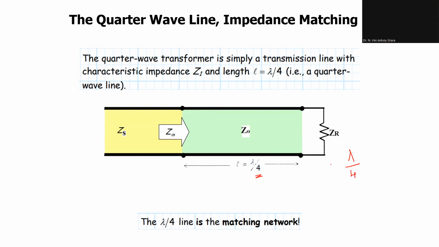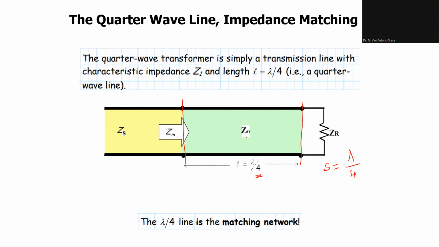Now this short piece of transmission line is going to act as a matching network. We have connected a short piece of a transmission line between the existing transmission line and the load. The purpose of this transmission line, whose length is lambda by 4, is to match the load impedance ZR to the characteristic impedance of the transmission line Z0.